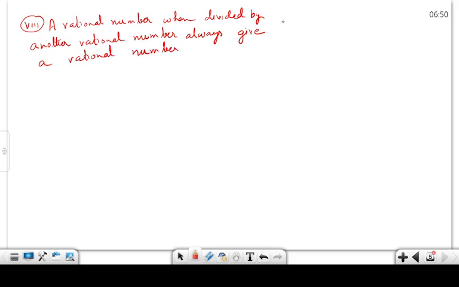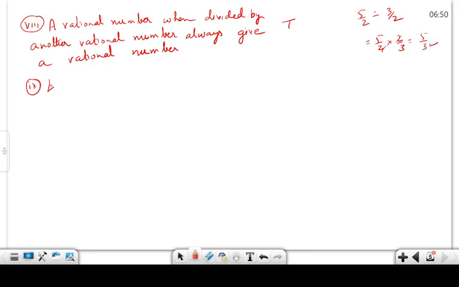That is true. For example, a rational number is 5 by 2. If we divide by 3 by 2, we are again getting a rational number: 5 by 2 into 2 by 3, the 2 cancels, and we get 5 by 3, which is also a rational number.